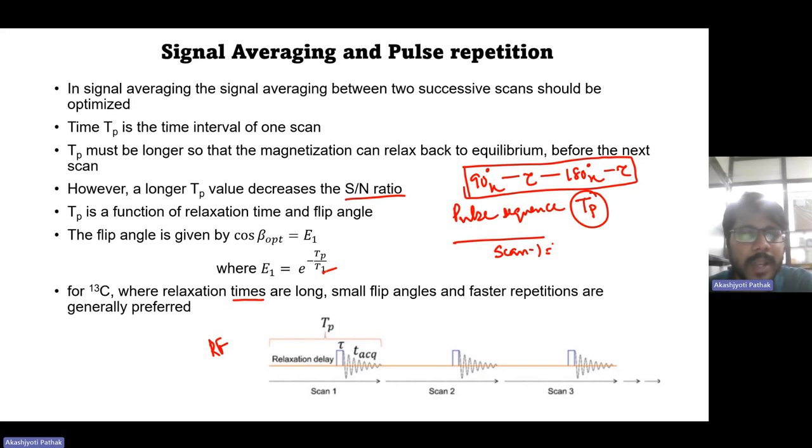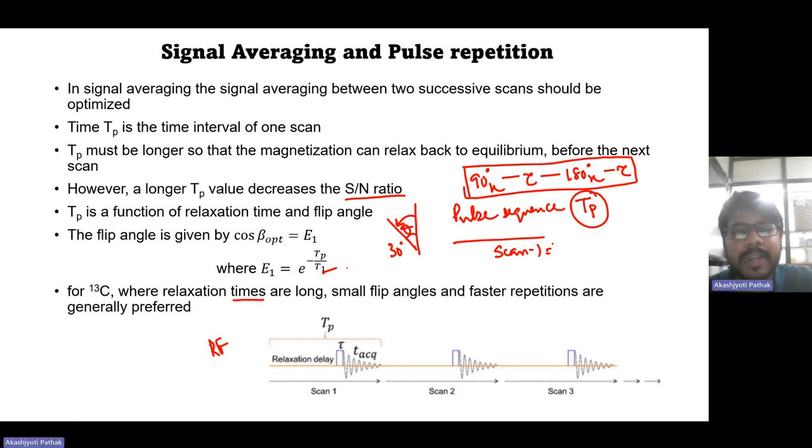Okay, so if the T1 value is very high, then this can introduce noise in the signal, and to avoid this, because the T1 is very high, we keep the flip angle small, so that noise is not introduced in the signal, and these two effects can balance each other.